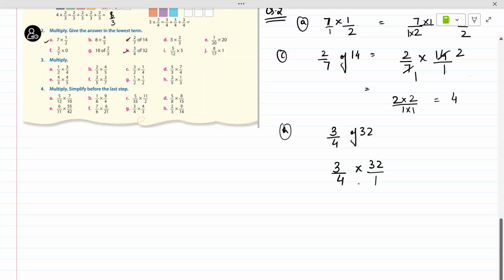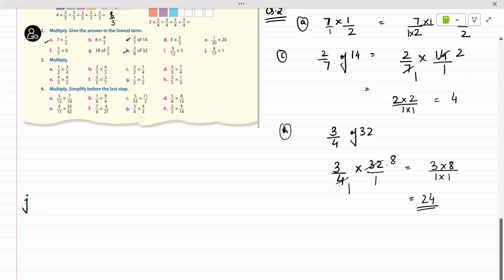Now let us try to reduce it. 3 by 4 doesn't have anything common. 32 by 1 doesn't have anything common. Across, 3 and 1 don't have anything common. And 4 and 32 both are multiples of 4. So 4 into 1, 4 into 8. We are left with 3 into 8 in the numerator, 1 into 1 in the denominator. The answer will be 24. Okay, easy.